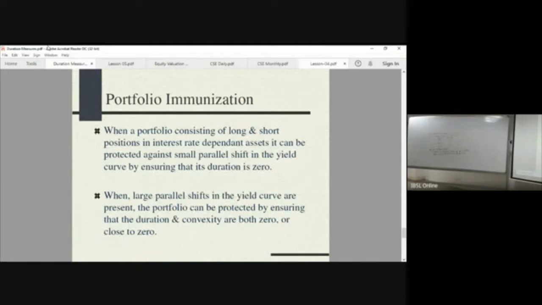That is how the immunization works. I will show you how it happens. I will put it on the board.